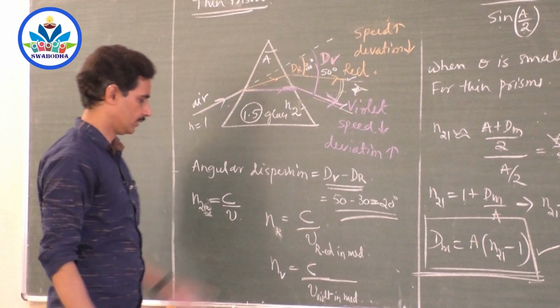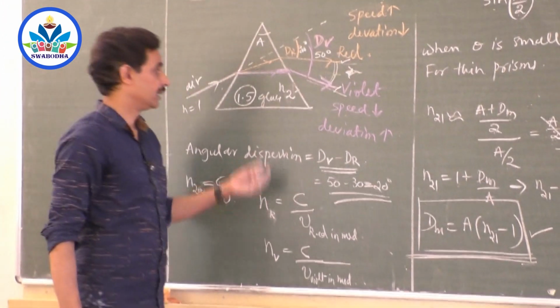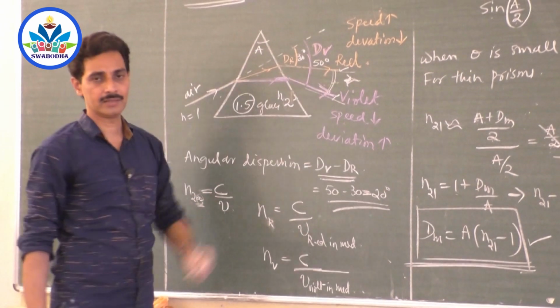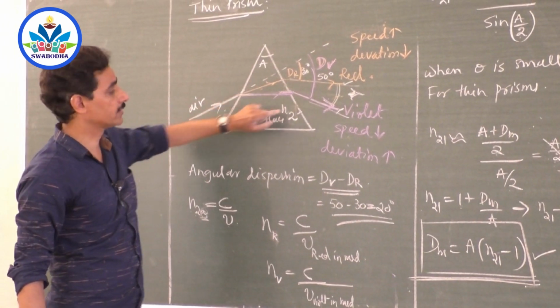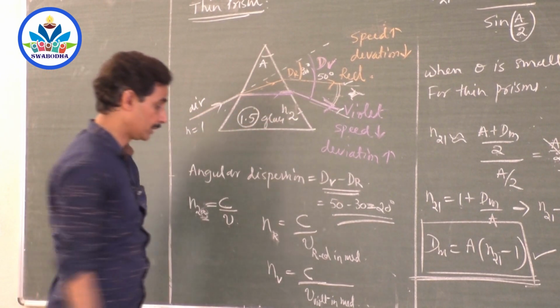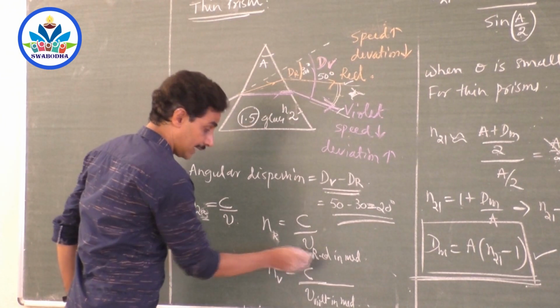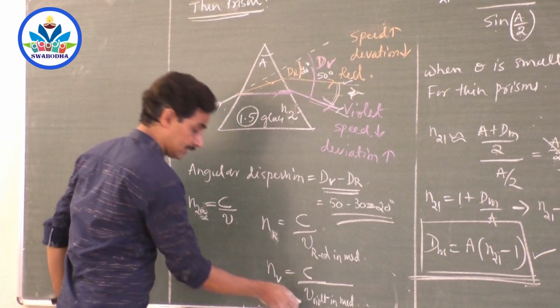Now the question is, will you get the same answer by referring to violet and red color? Will the refractive index of this medium be the same with respect to violet and red color? Never, because red color will travel faster than violet.